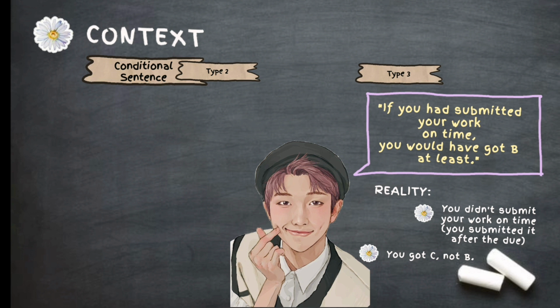It means that your teacher is imagining if in the past you submitted your work, you would get B. But then the reality may be on your student's report, you got C.